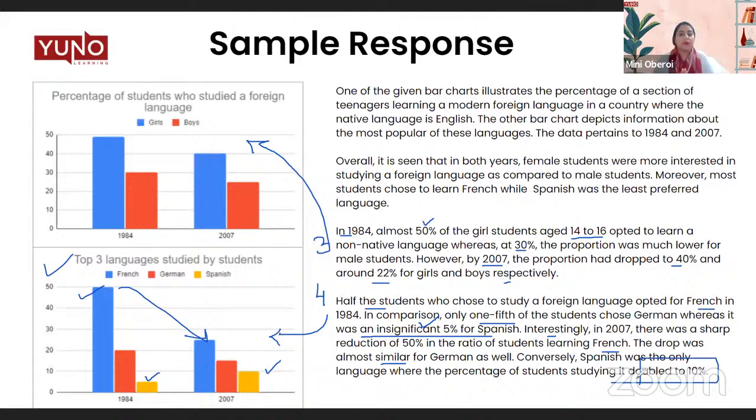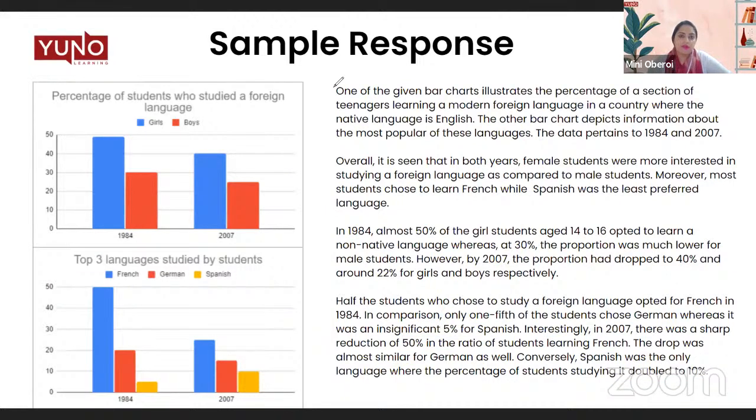So be very careful when you pick up your sentences, when you pick up your tenses. Now, I kept insisting on the use of different sentence structures also. So now let's have a look at some different sentence structures.